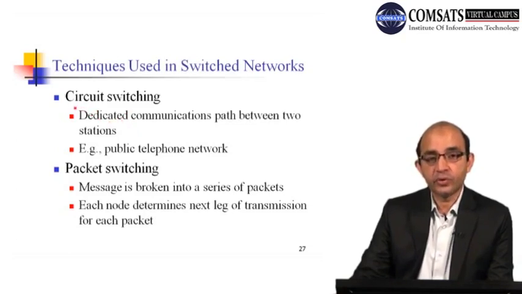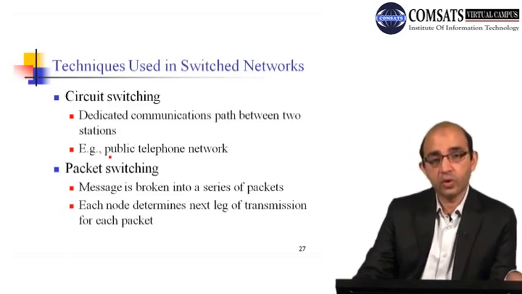When we want to have data communication via circuit switching, first of all, we need to have a dedicated communication link between the stations. The best example is whenever we want to make a call.